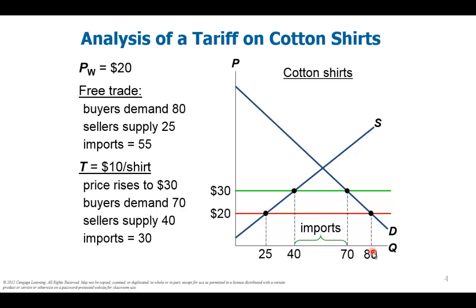There's a demand for 80. So we have a shortage, and the distance again would be the imports. So with the tariff, we're going to import 30 units of t-shirts, of graphic tees.